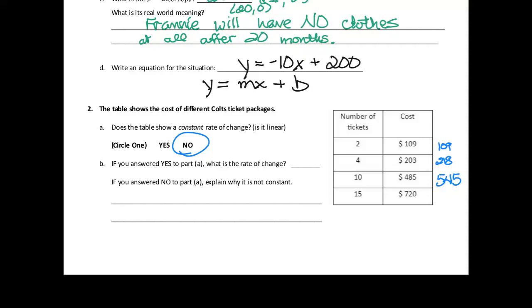If you answered yes to part A, what is the rate of change? If you answered no, why? Explain why it is not constant. So, why is it not constant?